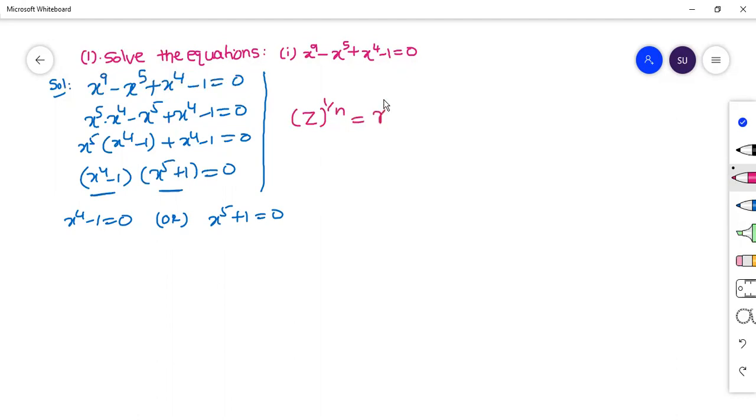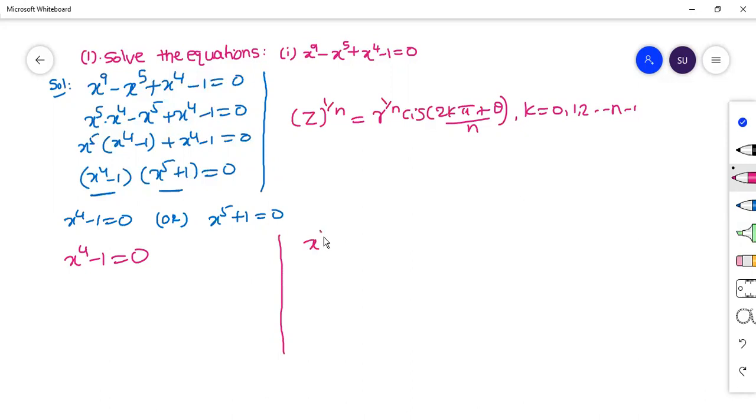What is the formula? r^(1/n) into cis of (2kπ + θ)/n, where k is equal to 0, 1, and so on, up to n - 1. Now coming to the first problem, there is x^4 - 1 = 0, and the second one is x^5 + 1 = 0.